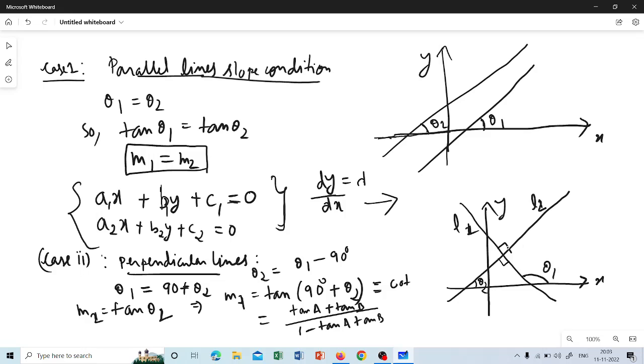So I can write minus cot theta, because this is in the second quadrant, where tan theta is negative. So I can write minus cot theta 2. You can try using this formula also, this will work out, but I am not doing it now. Minus cot theta 2.